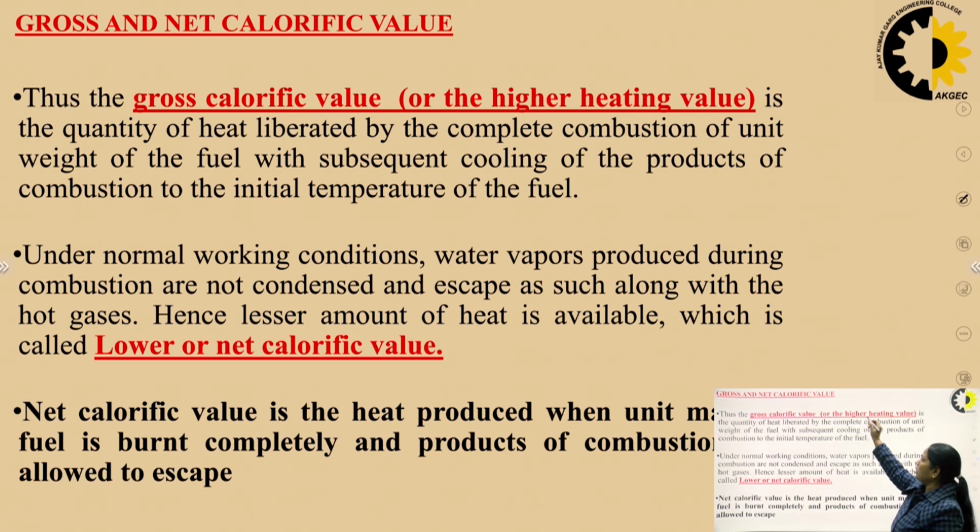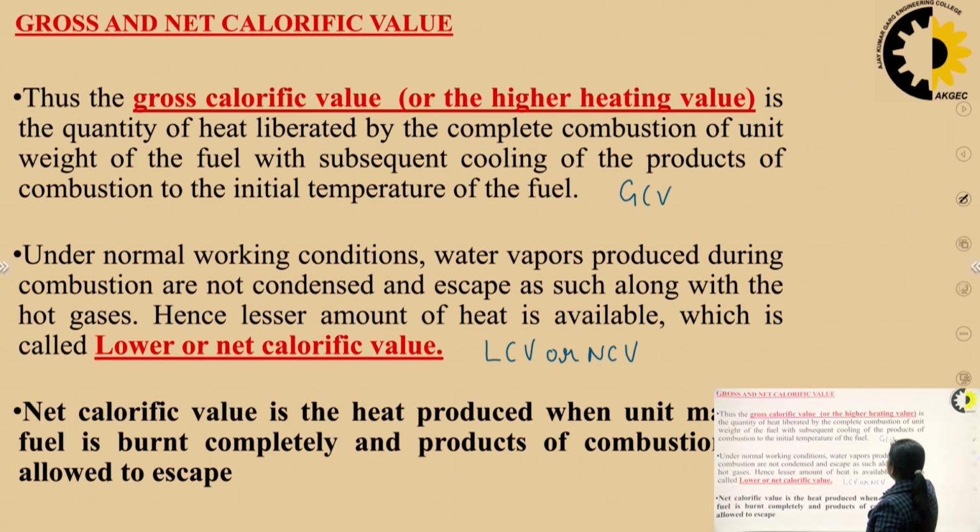Gross calorific value is also known as higher calorific value. Net calorific value is also known as lower calorific value. They are known as GCV or HCV, and LCV or NCV.